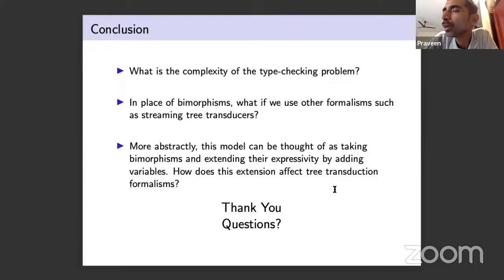It's possible. I don't know the answer right now. It's possible that the kind of alternating tree automaton that we get has some special properties because it is coming from this linear transformation. So maybe there is some special way of checking non-emptiness, which might give us better upper bounds.